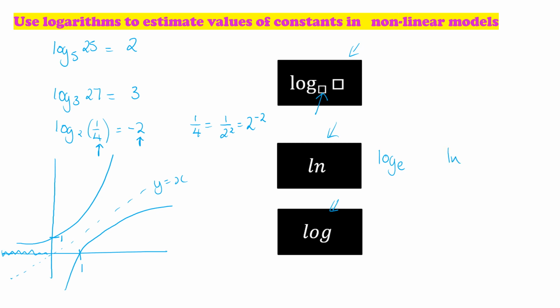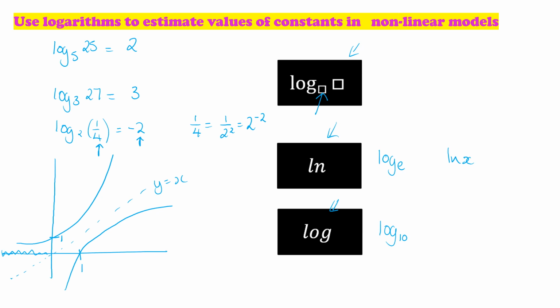So that's when we're in base e. So where e to the x is the exponential function, then ln of x is the natural log graph, and that's going to be the inverse of e to the x. And here, when you've just got log written on its own, there's a button on your calculator that is going to be always log to base 10.